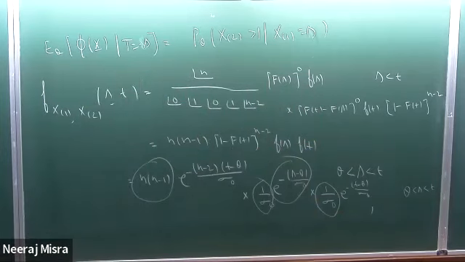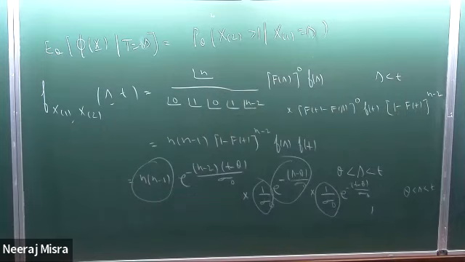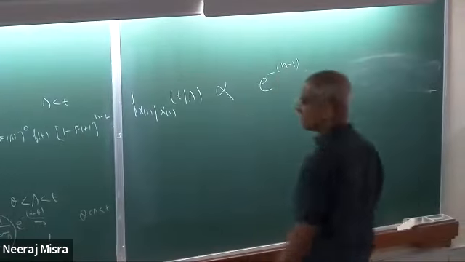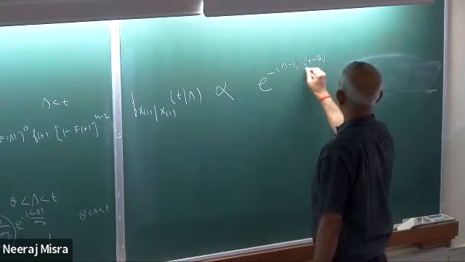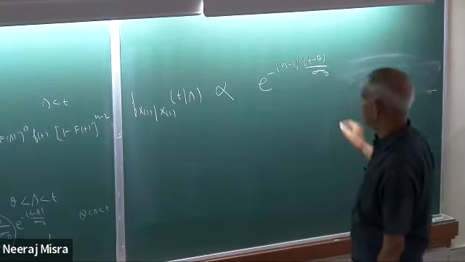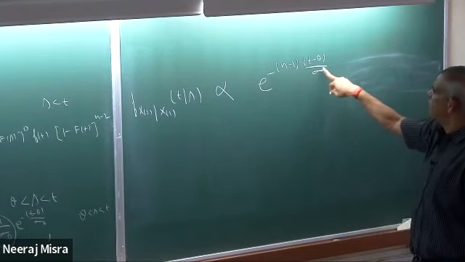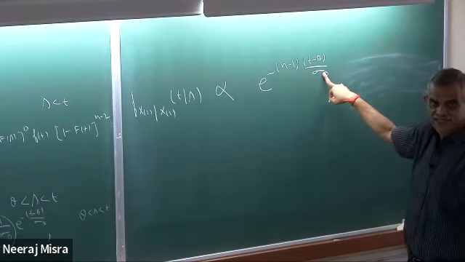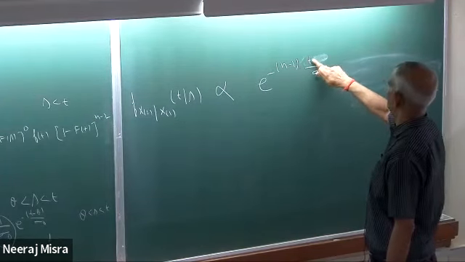So what is left? e to the power minus (n minus 1)(t minus theta) by sigma naught. And in fact, this also I can absorb in the proportionality constant.